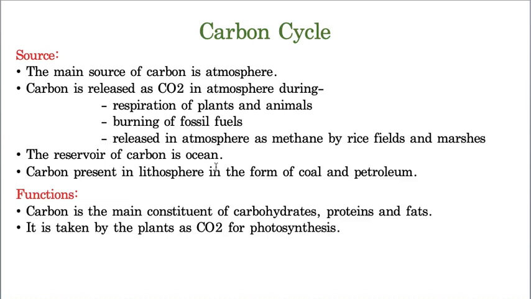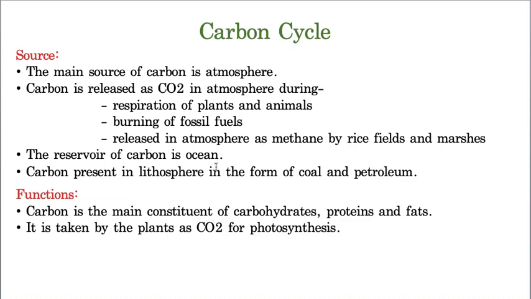That means this is a cyclic process. So the more carbon is absorbed by the ocean in the form of carbonates and bicarbonates. Now if the carbon dioxide is less than 0.03, these bicarbonates and carbonates dissociate again and bring the percentage of carbon dioxide back to 0.03. So this is how our atmosphere maintains the carbon percentage.